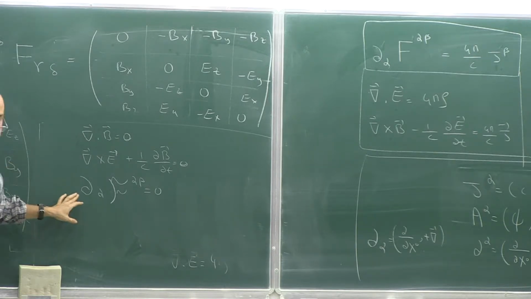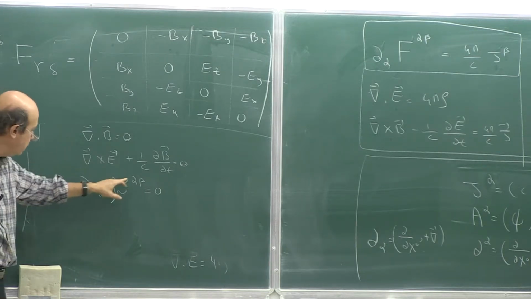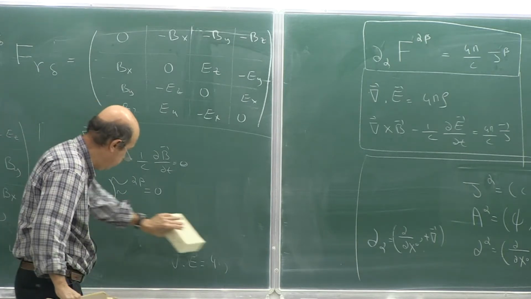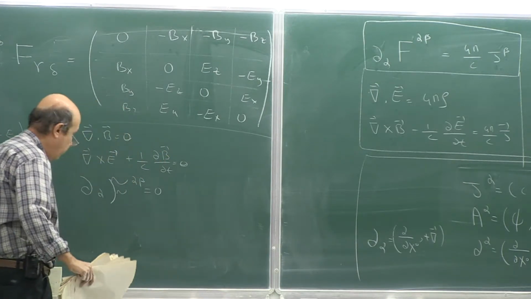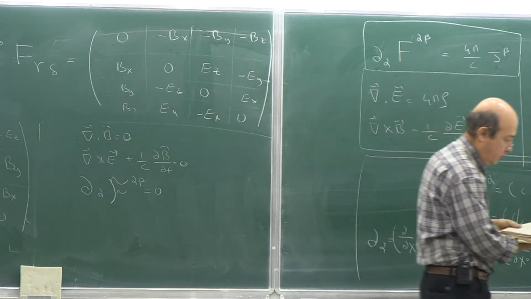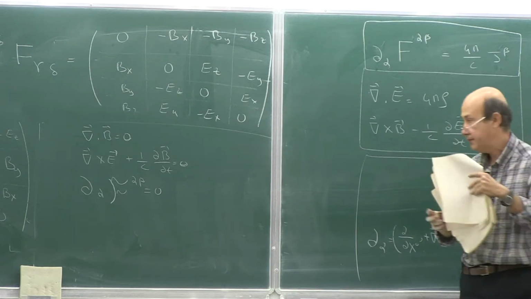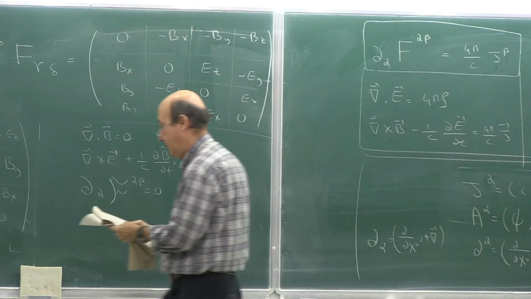How many independent equations here? 4 again. 3 and 1. So you have to contract this. Now let me show one of them again for you. So let me show a different one, not the divergence term, the other one. Maybe this one.